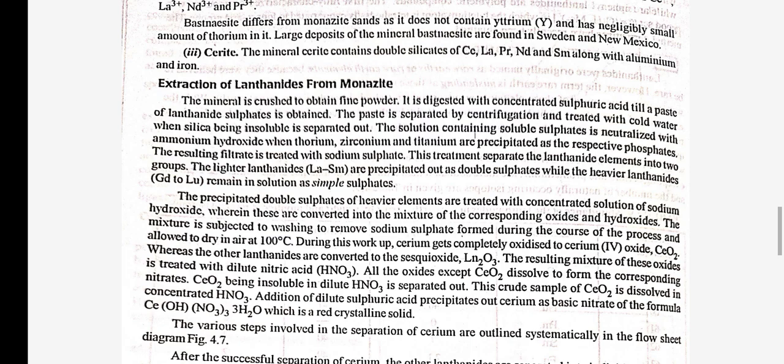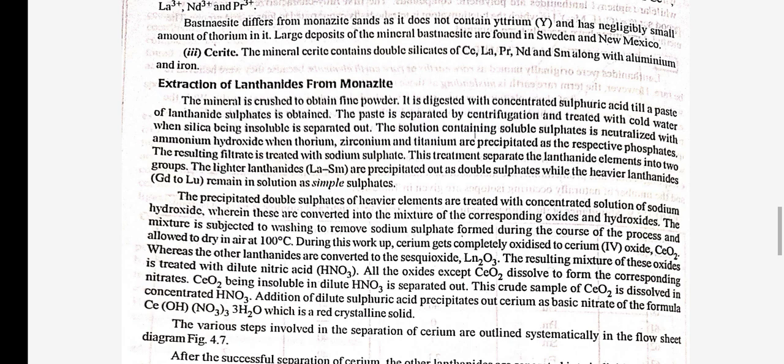The precipitated double sulfates are treated with a concentrated solution of sodium hydroxide, wherein these are converted into a mixture of the corresponding oxides and hydroxides. The mixture is washed to remove the sodium sulfate formed during the process and allowed to dry in air at 100 degrees Celsius.